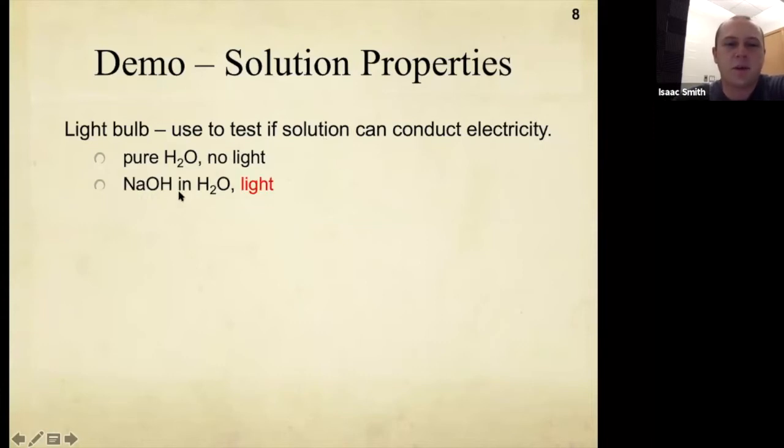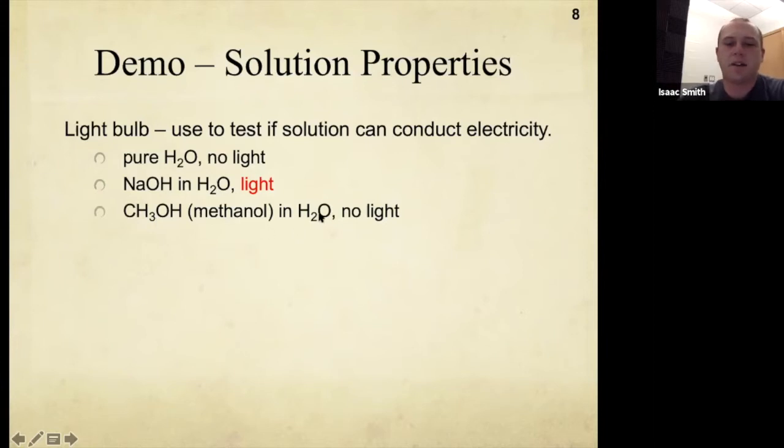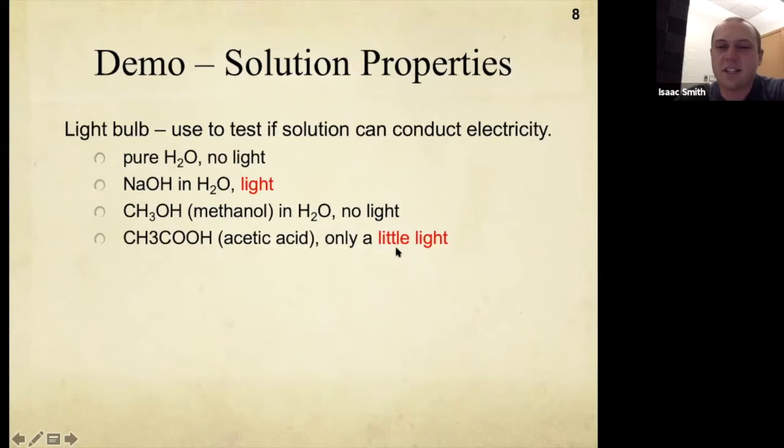If you put sodium hydroxide in the water, there's going to be light. The light bulb's going to light up very strongly. If you put methanol in water, there's no light. We try acetic acid and there's a little bit of light. So really you try all these different substances and the important thing here is that methanol gives no light, acetic acid gives a little bit of light, and sodium hydroxide gives a lot of light.